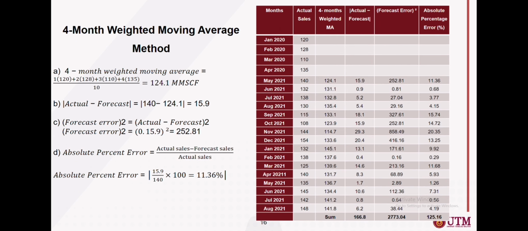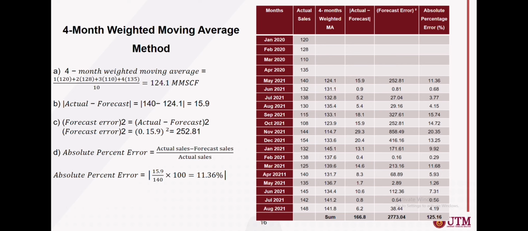For the second technique in forecasting, which is weighted moving average, we use 4 months for the moving average, and here's the table that contains the calculation results for the 4-month weighted average. The actual forecasting sum is 166.8, the forecasting error is 2737.4, and the absolute percentage error is 125.16.